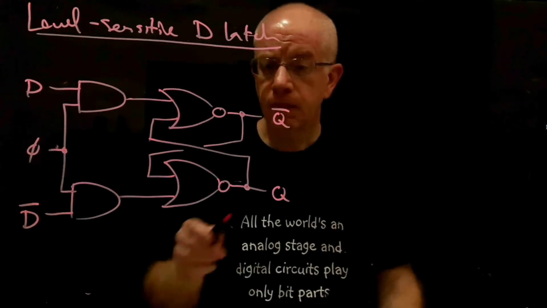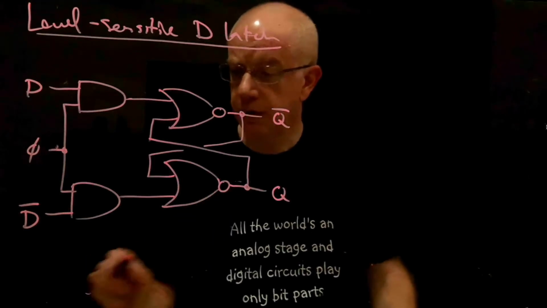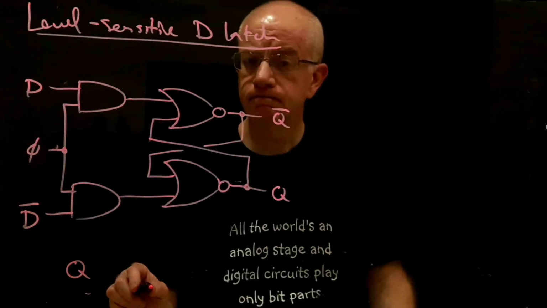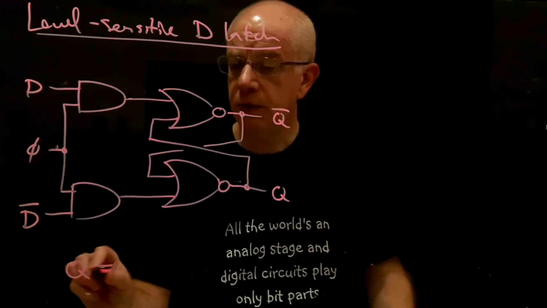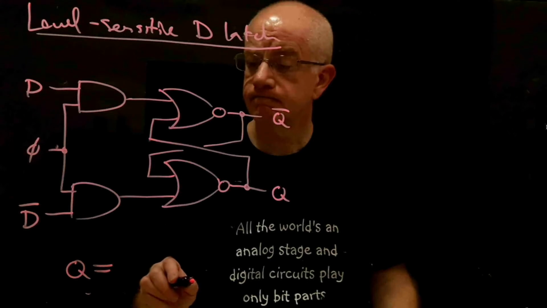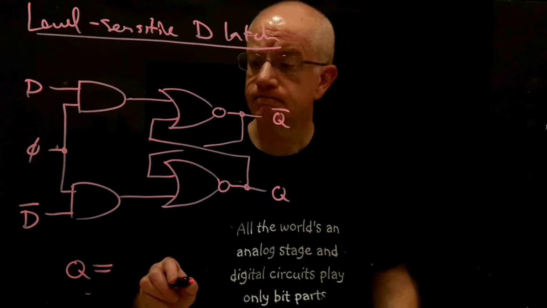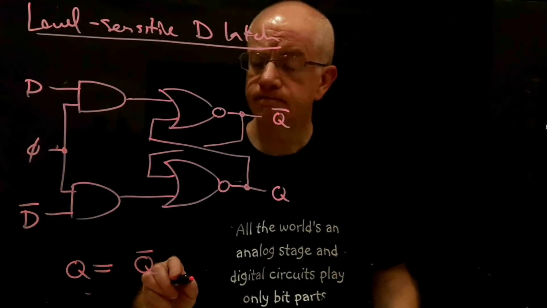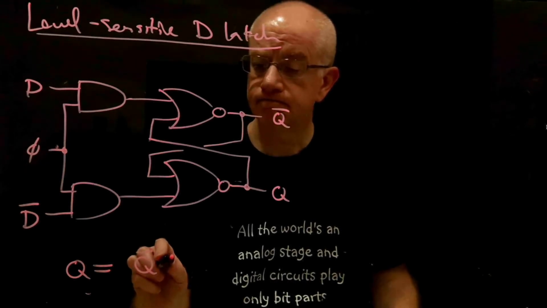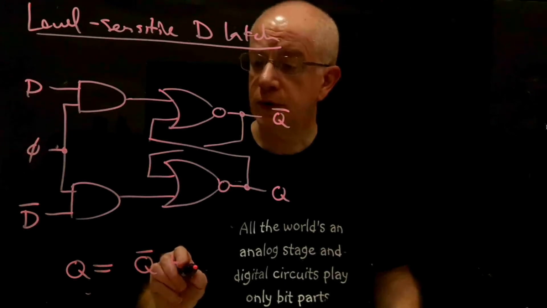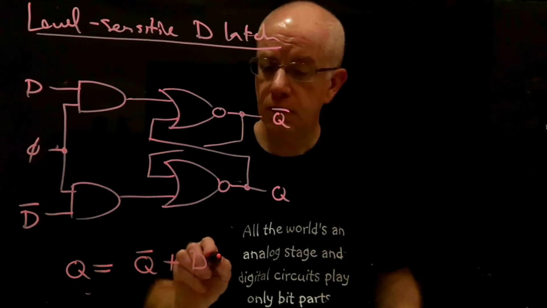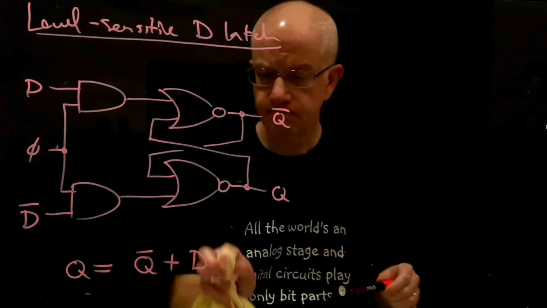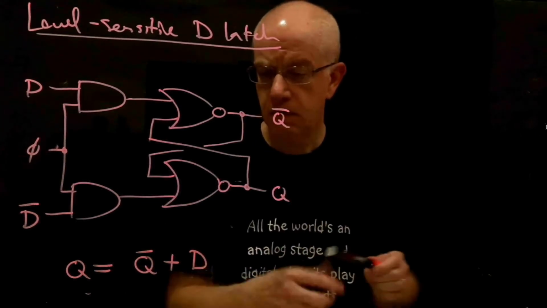So here, Q would be equal to Q bar NOR together with D phi. Right?